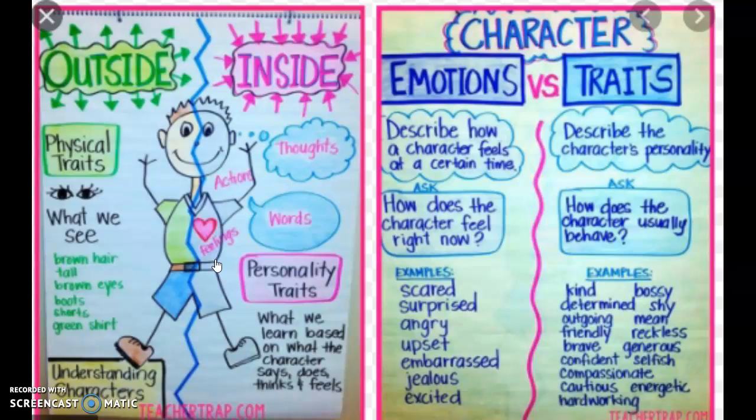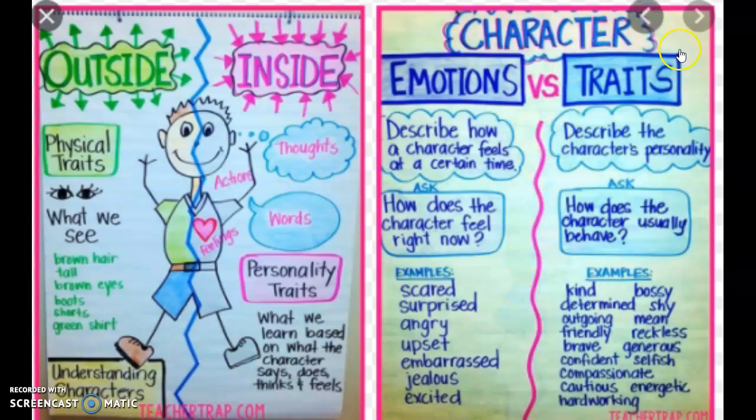Because that's where the relationship part happens in a story. That's how the author builds or develops the character, by revealing what's on the inside of them, right? Their personality traits. And that's what we learn about them based on what they say, what they think, and what they feel. Okay? We're going to be looking at their emotions, right?